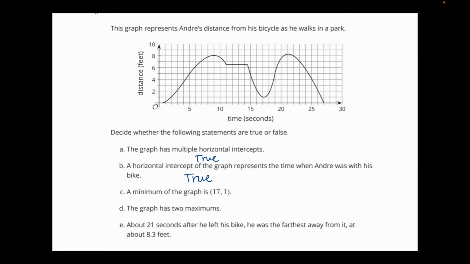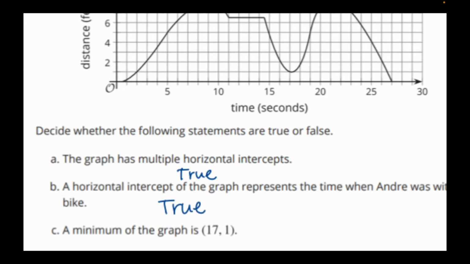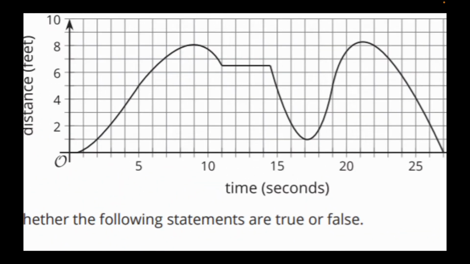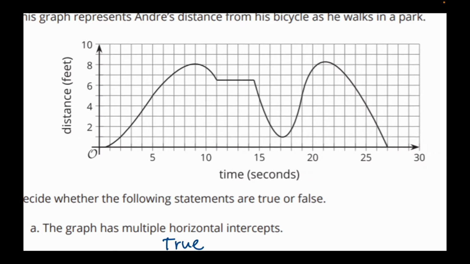A minimum of the graph is 17, 1. So let's look at our graph here. Now, a minimum would be the lowest point this graph goes. And so they're saying right here at this point is a minimum.